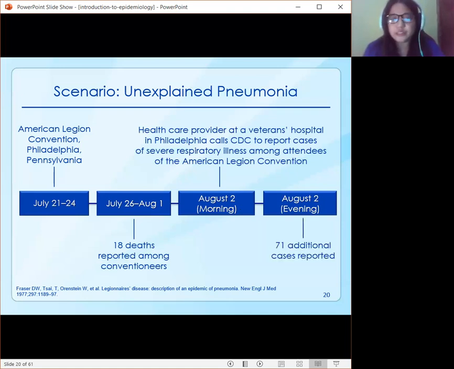And in the evening of August 2, there were 71 additional reported cases. The goal here is, of course, to find out why these conventioneers were becoming ill and in some cases dying.